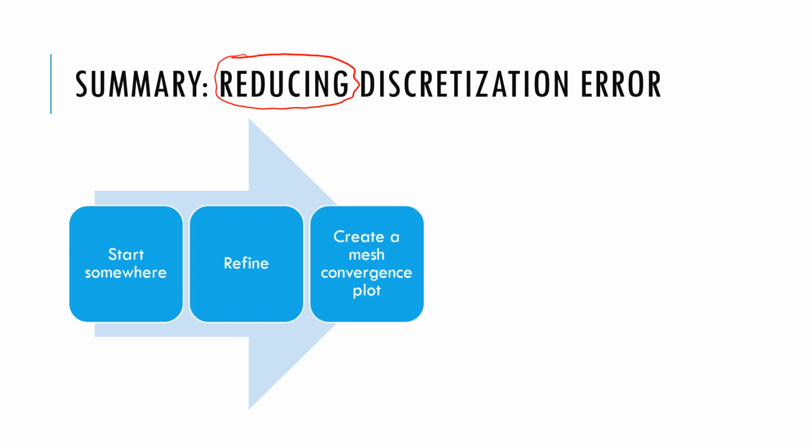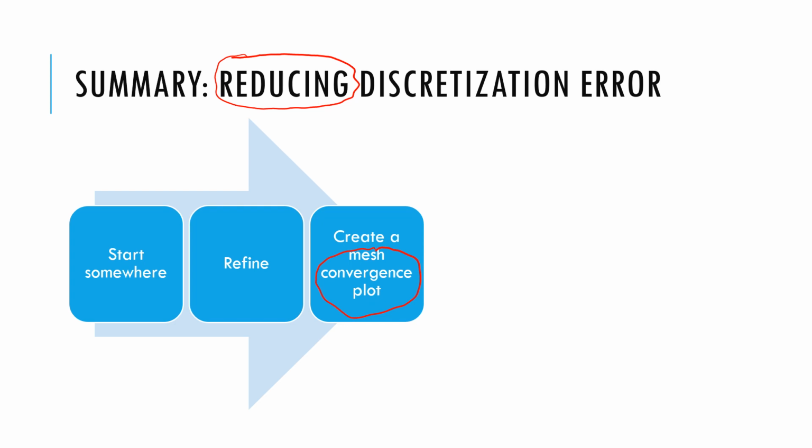We plot some important variable of interest in the model and see whether the variable is changing as we are refining the mesh. So we plot the variable as a function of, let's say, mesh size or the number of elements, and that kind of plot is called a mesh convergence plot. From the plot we infer that going any finer is not going to give us anything, it will just increase the amount of computing.